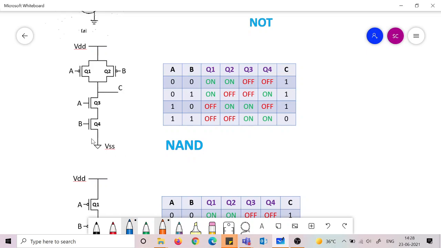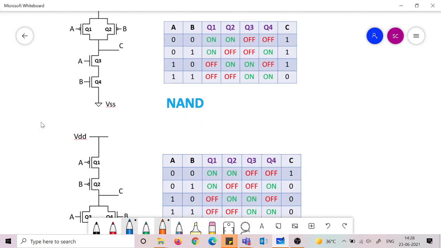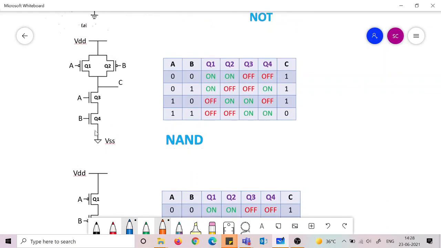Next, it is only up to your intellect and analytic power to come up with some circuits for some newly given behavior table. And you see Q1, Q2, Q3, Q4 are also denoted here, which one is on and which one is off for a particular set of input and output.